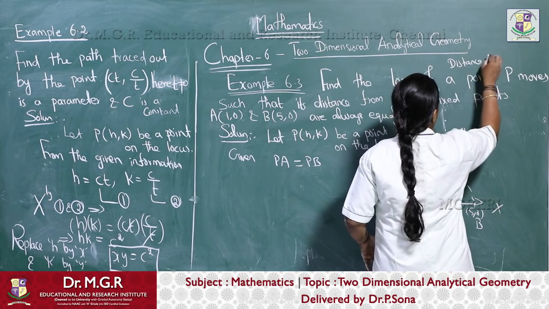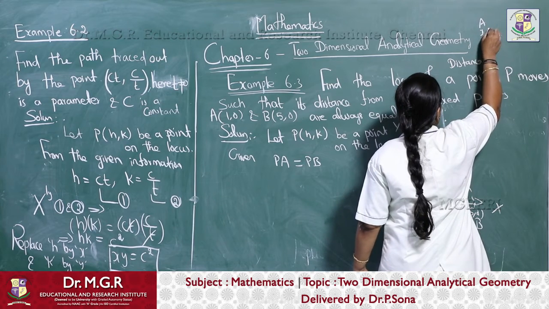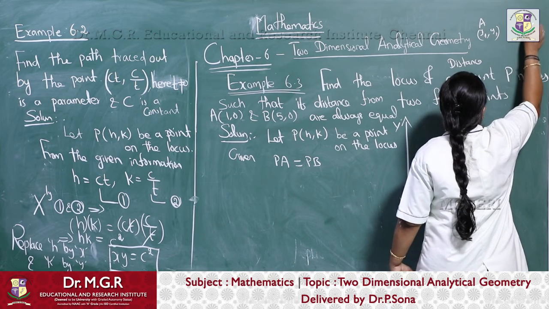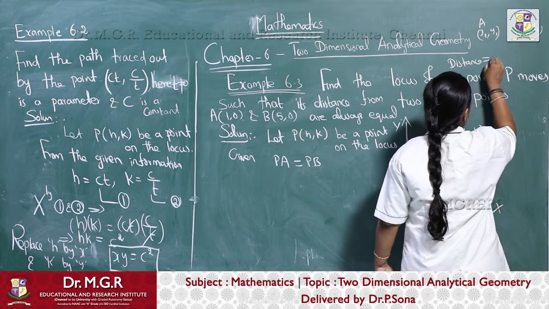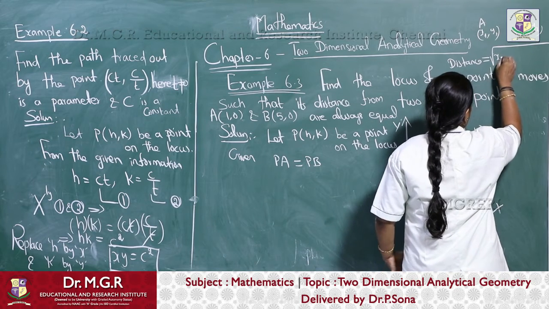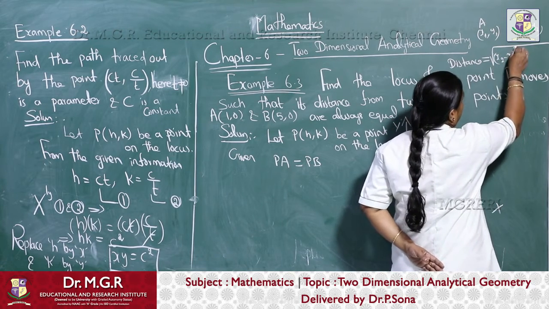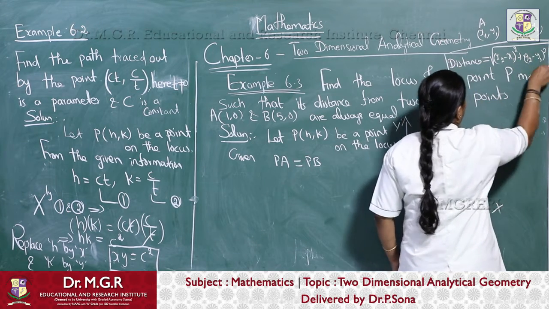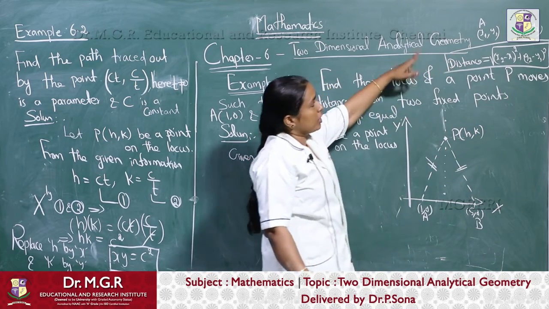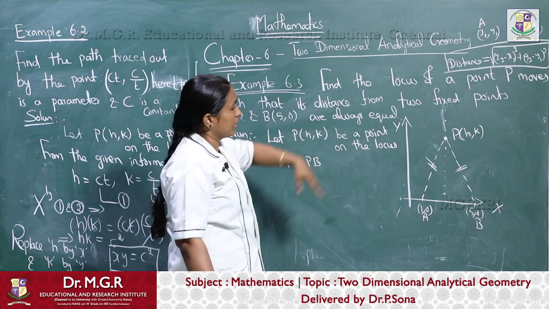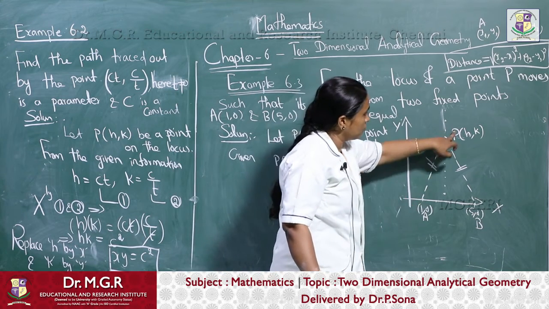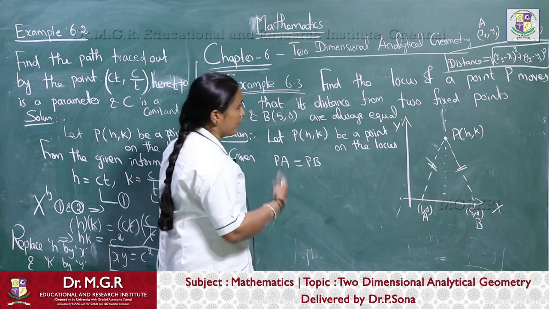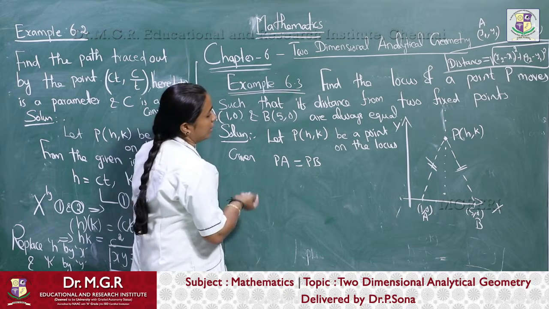The distance formula: if two points A(x1, y1) and B(x2, y2) are given, the distance is the square root of (x2 minus x1) the whole square plus (y2 minus y1) the whole square. We just use this formula to find the distance PA.